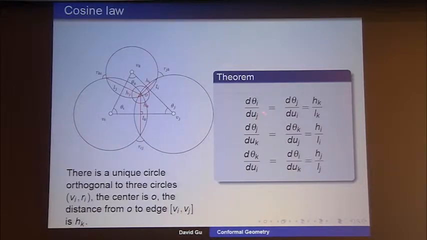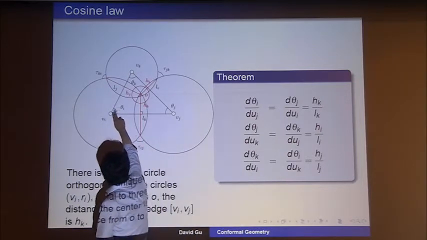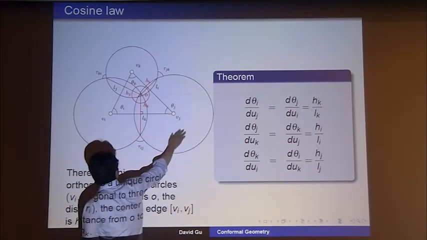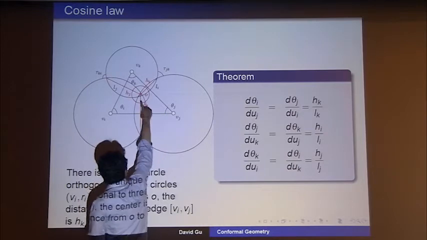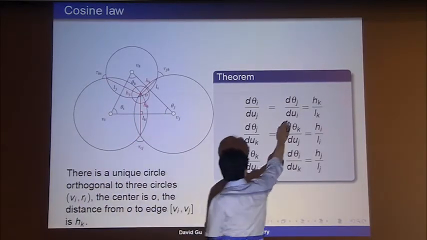Then basically, the partial derivative of this angle with respect to this circle equals Hk divided by Lk. And the partial derivative of this angle with respect to the conformal factor of this circle equals this height divided by this length. That's this formula.